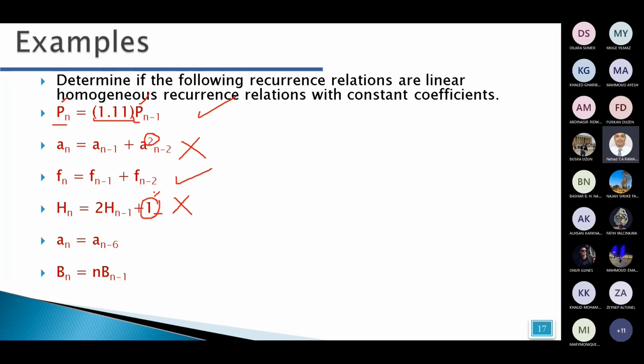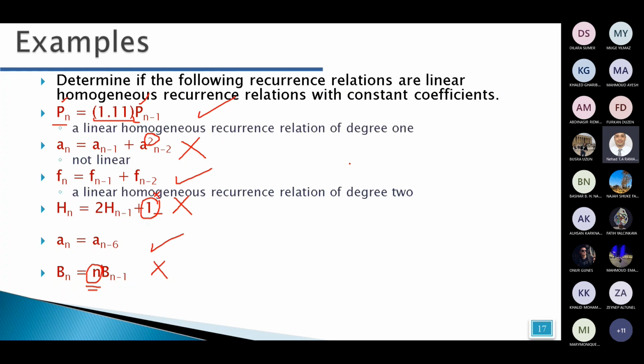So this constant without variable means it's not homogeneous. This one is linear homogeneous recurrence relation with constant coefficient. This one is linear homogeneous, but without constant coefficient. So our focus is on this type of recurrence relation, linear homogeneous recurrence relation with constant coefficient.